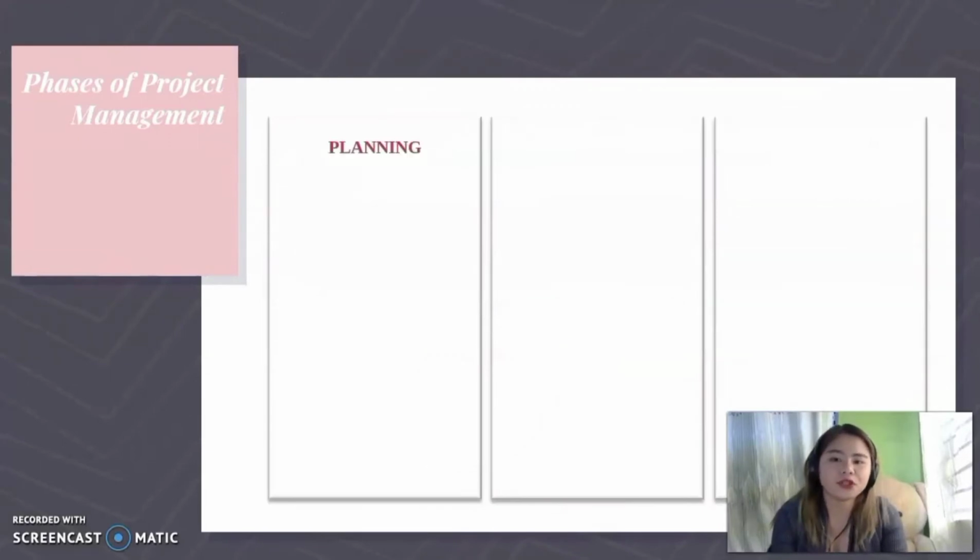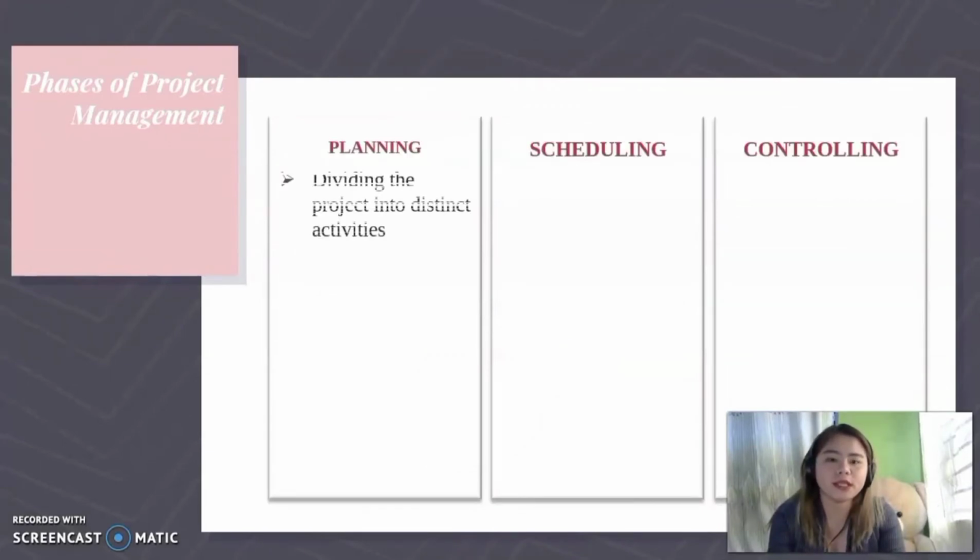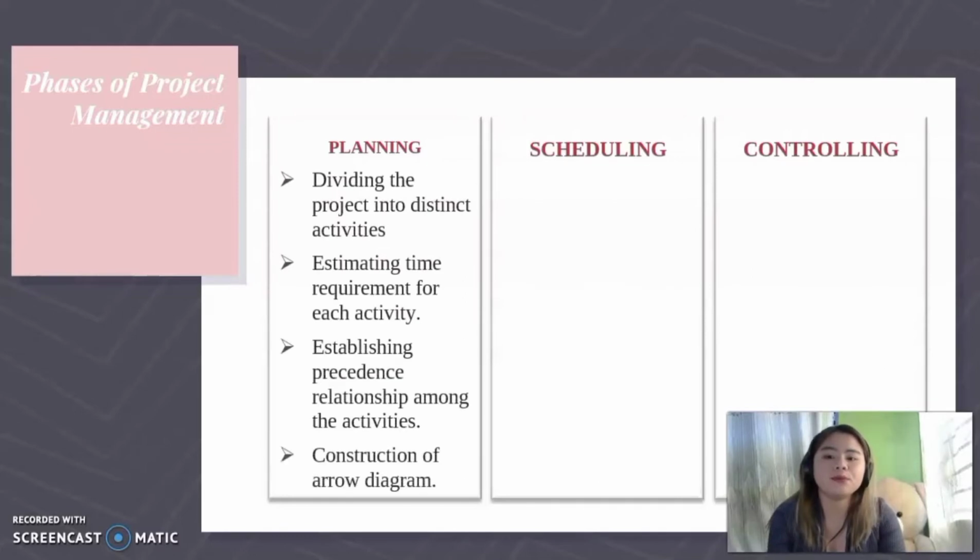Now move to the phases of project management. The phases of project management are planning, scheduling, and controlling. So in planning, it's dividing the project into distinct activities, estimating time requirements for each activity, establishing precedence relationship among the activities, and the construction of arrow diagram, or what we call the network construction.